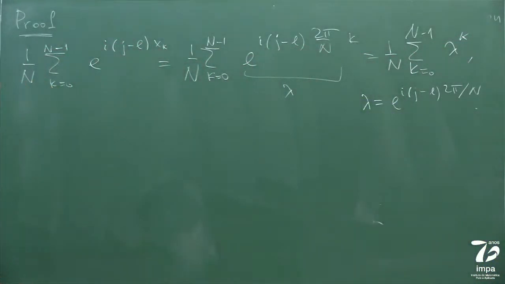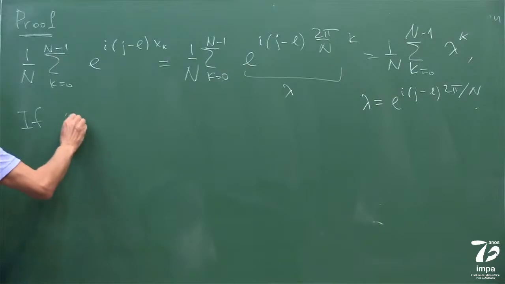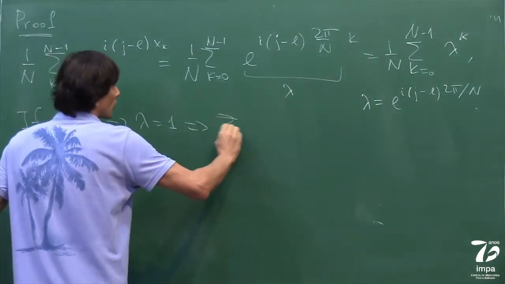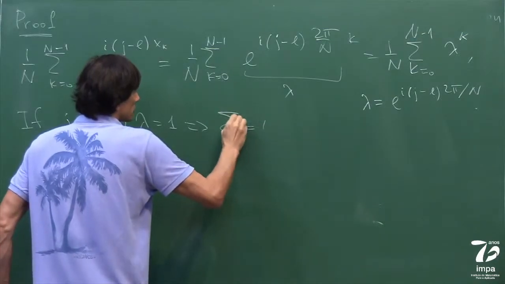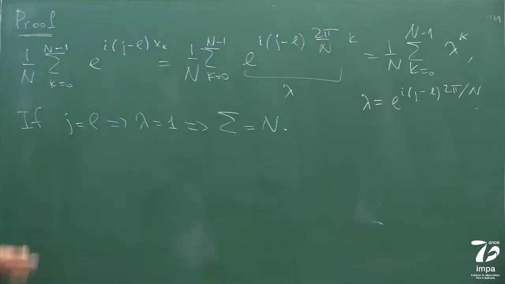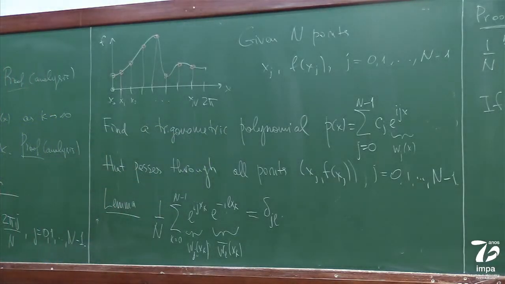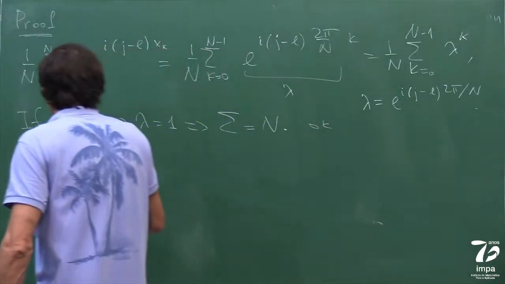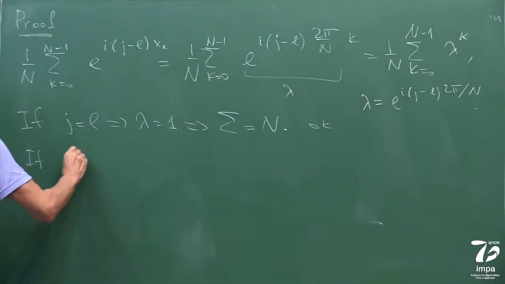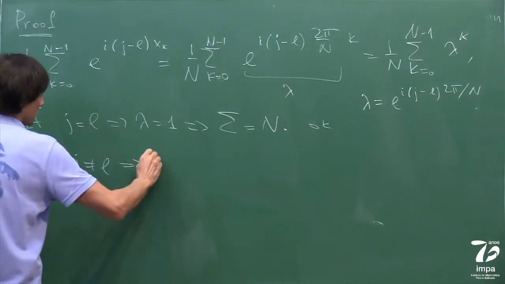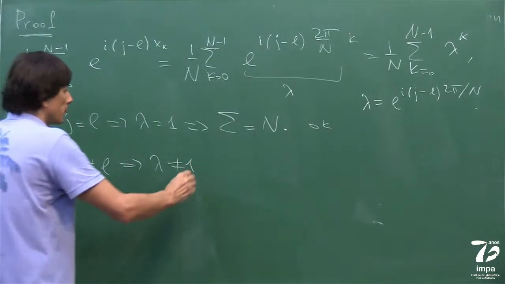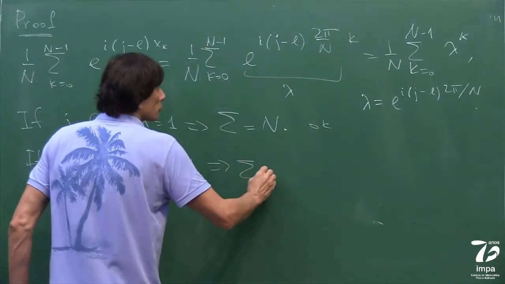This sum can be computed. If j equals l, in this case lambda is 1, the sum is just n, and n divided by n gives 1. So this is okay. And if j is not equal to l, in that case lambda is not equal to 1, and we can compute this sum explicitly.